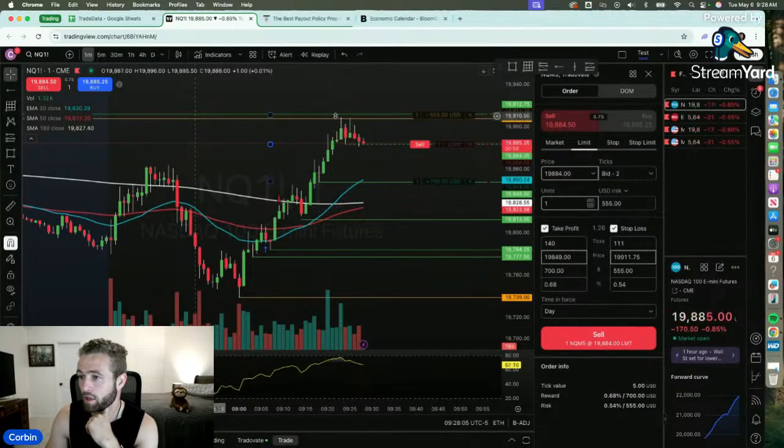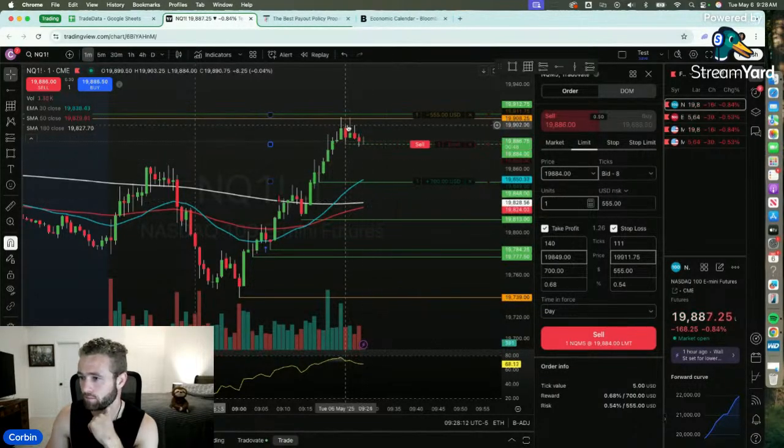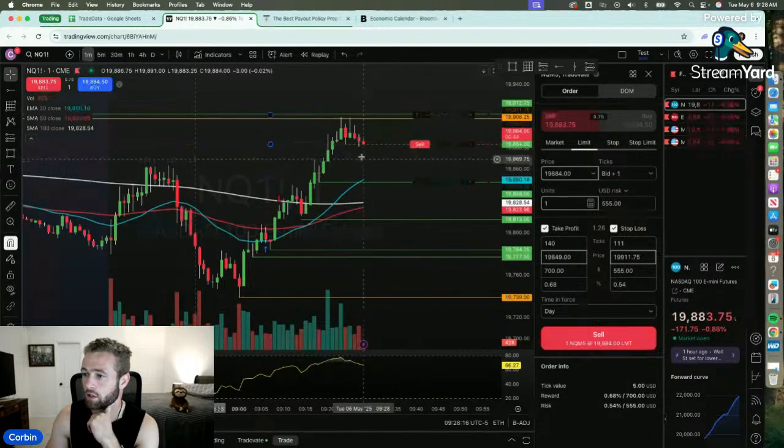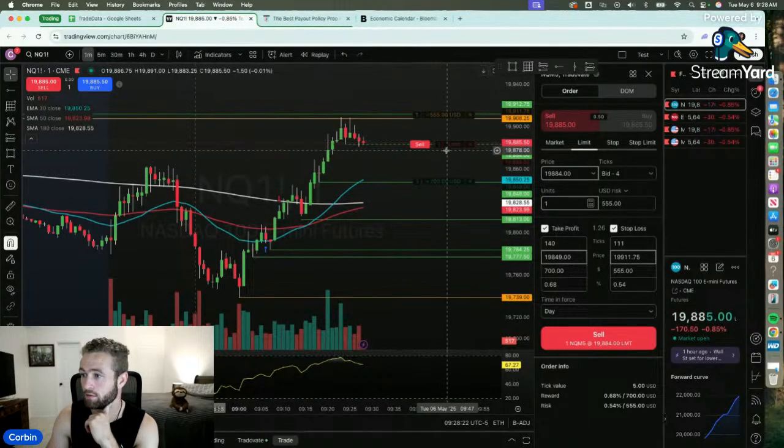We formed a high right there, double touch. I want to break below this low and then hold and then see where an opportunity is.